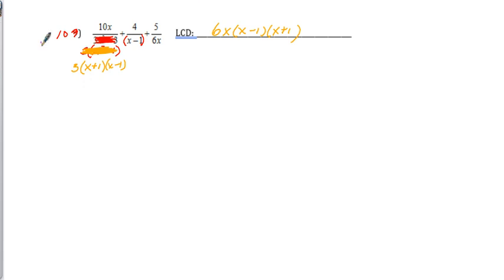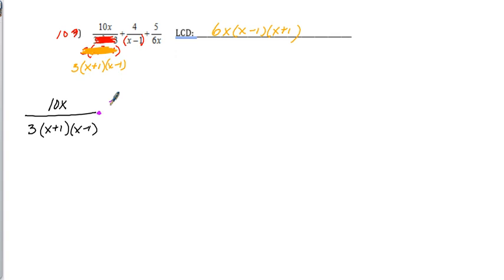And I'm going to switch colors because this is getting confusing. So who's missing what? This first fraction, his original was 10x, and he's got the 3, the x plus 1, and the x minus 1. He is missing, what's he missing? He's missing 2x.